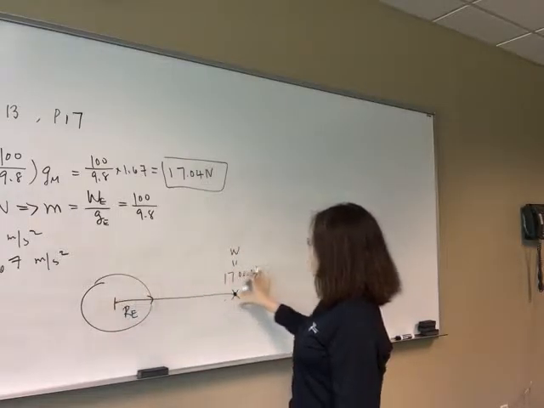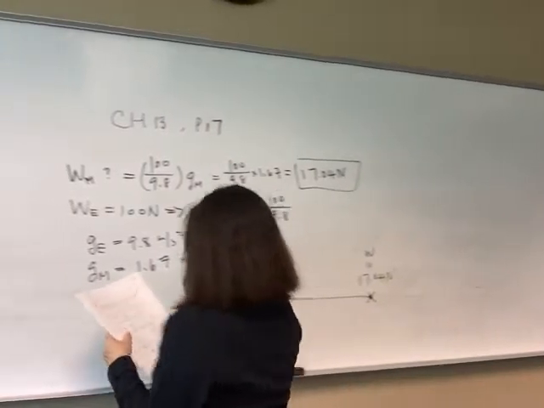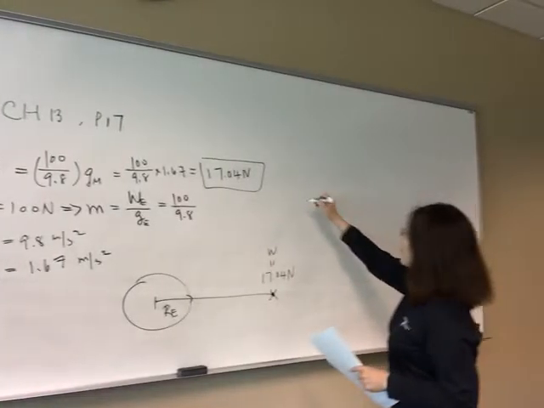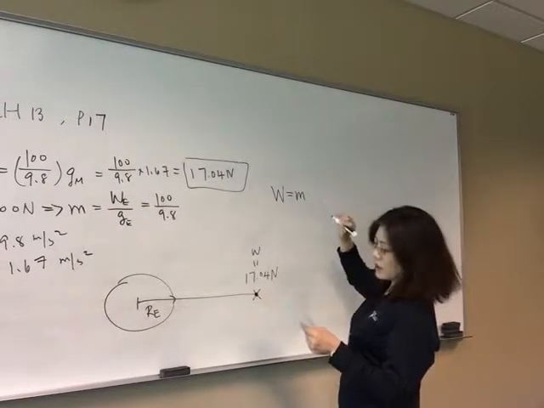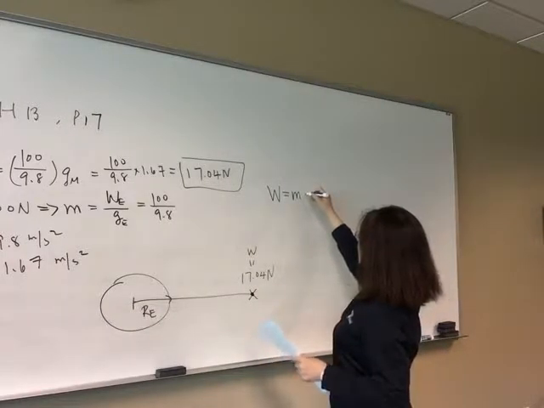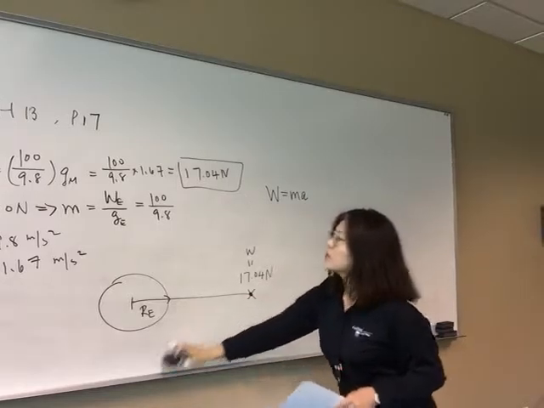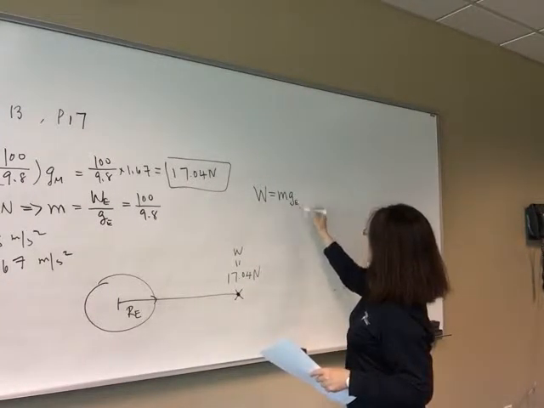So in other words, you know the weight right here. And we know that when it goes farther away, it weighs less. So how do we solve the equation? The weight is equal to the mass of the object times the acceleration, mg.